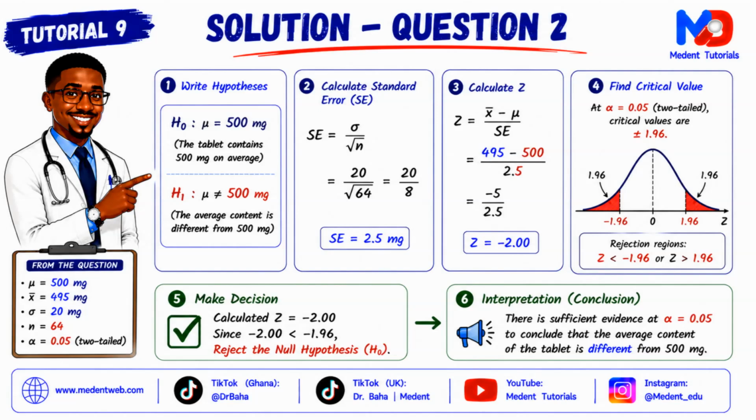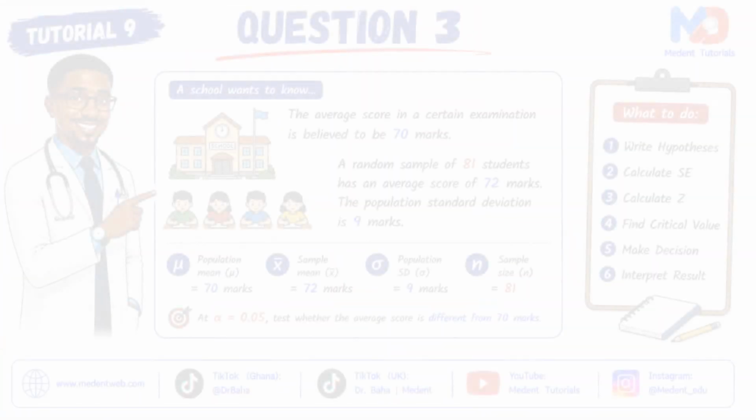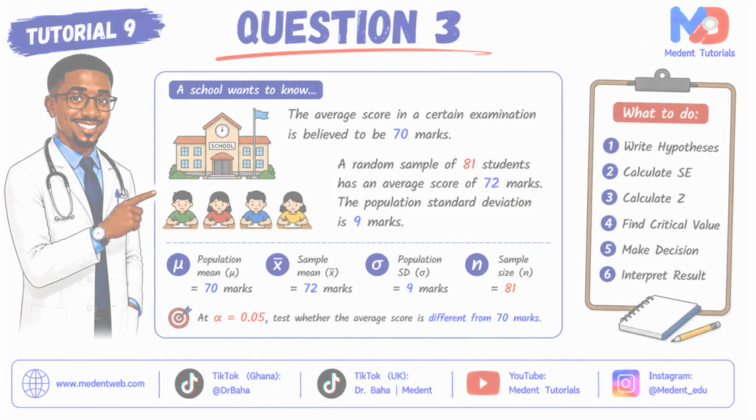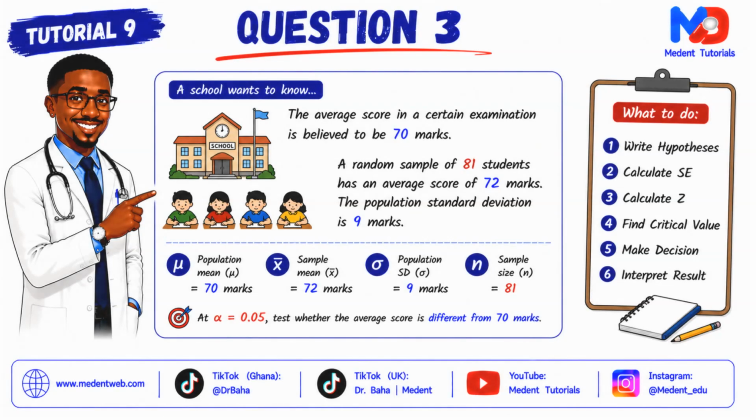I hope you are getting somewhere. Let's try a question involving examination scores. The average score is believed to be 70. A sample of 81 students has an average score of 72.